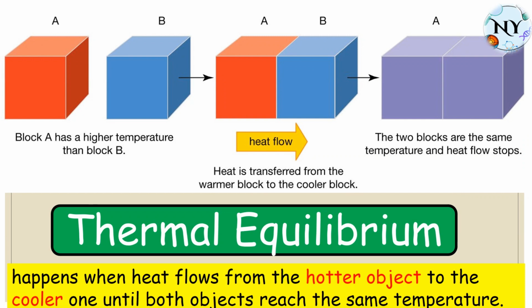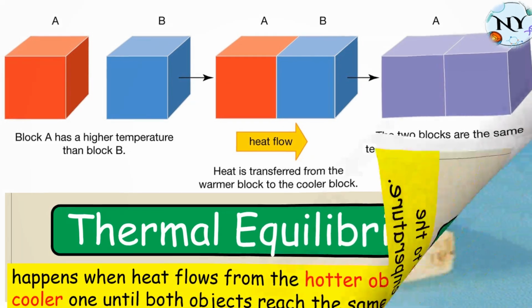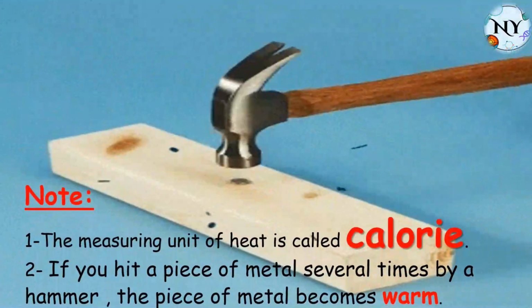When they reach the same temperature, this means thermal equilibrium. So repeat after me: thermal equilibrium. Equilibrium, by the way, means balance. We have here thermal balance. Both of them become warm.